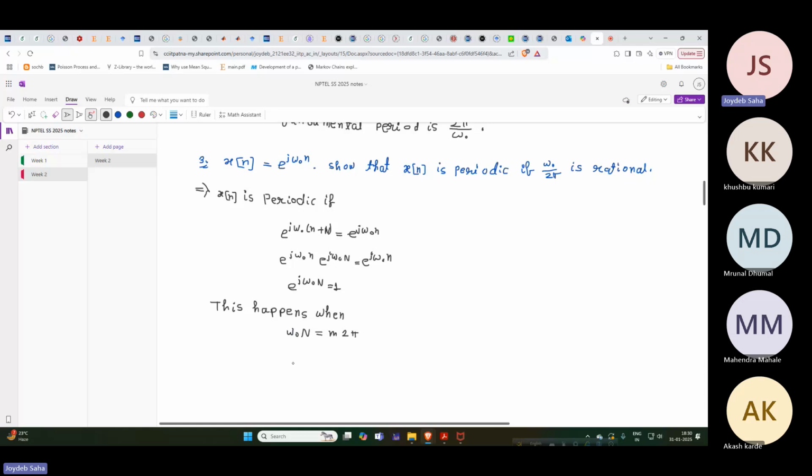So omega 0 by 2 pi is equal to m upon capital N, which is a rational number.